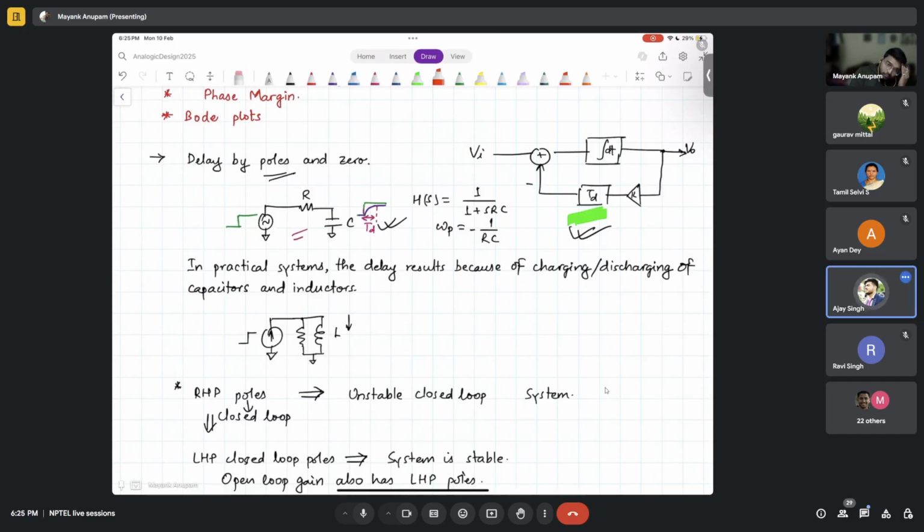The difference in delay between when there is no pole and when there is a pole is 1 upon P2, I mean, only when there is a single pole in the system. And if there are multiple poles, then it is 2 by P2 or n by P2.